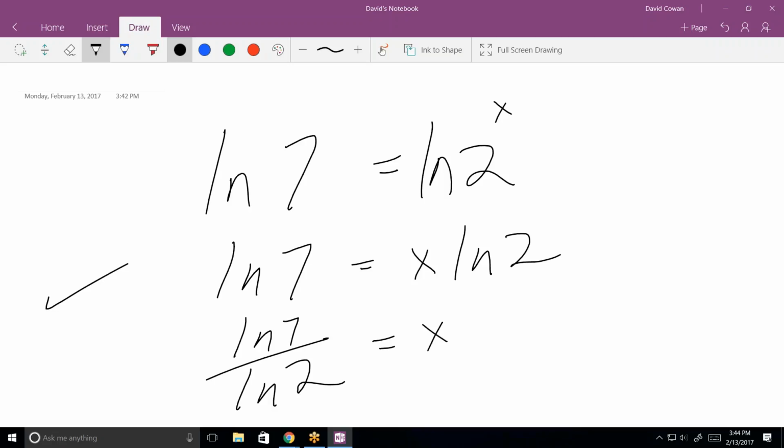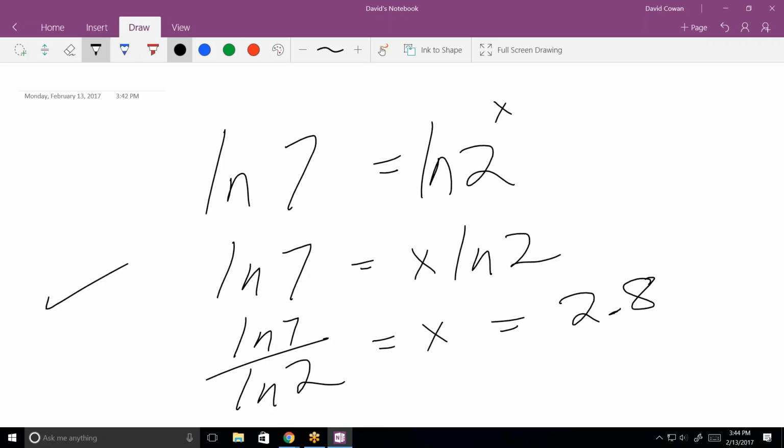A lot of people get really confused because they tend to think of logs as variables or some strange thing that they don't understand. That is a number. Natural log of 7, you can get out of your calculator, divide it by the natural log of 2 out of your calculator, and you'll come up with the answer, which I believe is approximately 2.8.